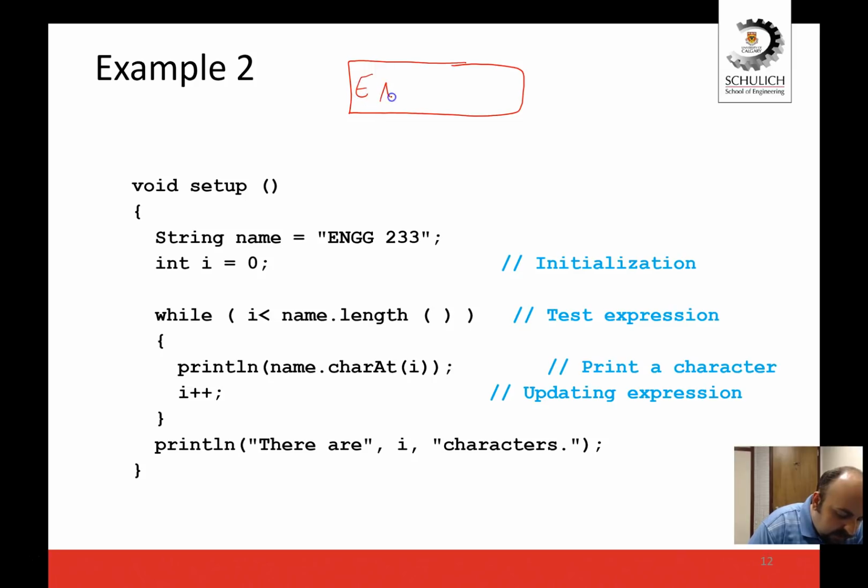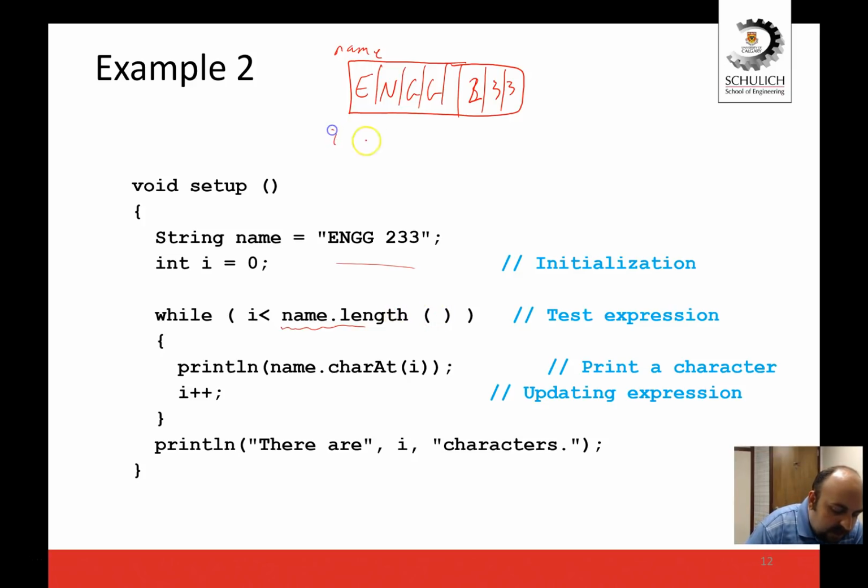Basically, you have ENGG, this is space, and then 233. Okay, and we have an int I, so that's our initialization, set to 0. Then we say while I is less than name.length. What is name.length? Name.length gets the length of this, which happens to be 8.